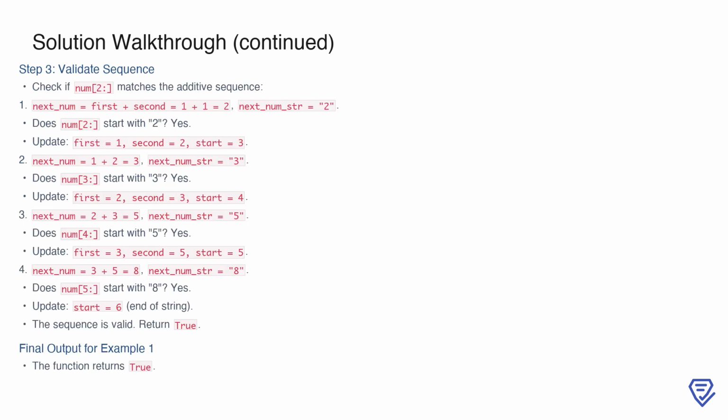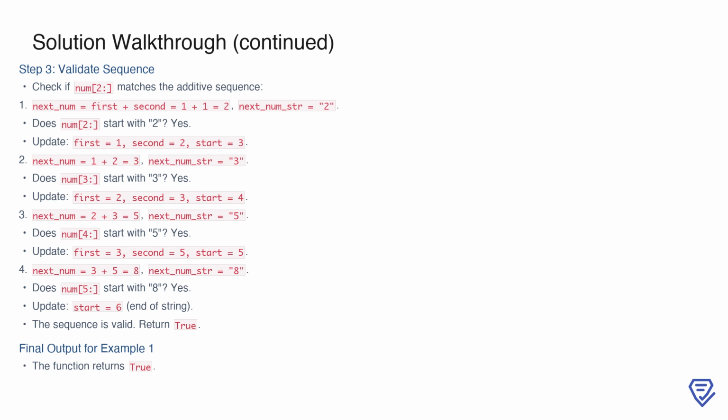The validation process begins by checking if the remaining part of the string matches the expected additive sequence. First, we calculate the next number as next_number equals first plus second equals 1 plus 1 equals 2, and convert it to a string, next_number_str equals 2. Since the string starting at index 2 begins with 2, we update the values to first equals 1, second equals 2, and start equals 3. Next, we calculate next_number equals 1 plus 2 equals 3 and check if the string starting at index 3 begins with 3.